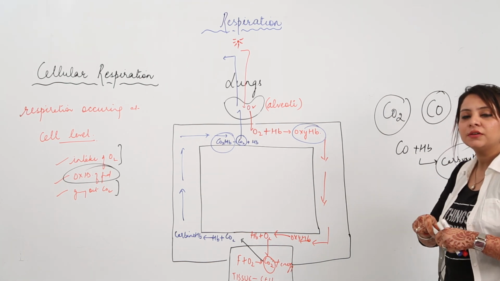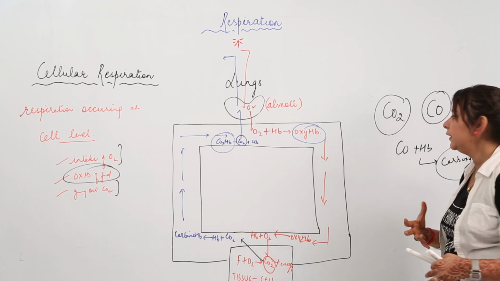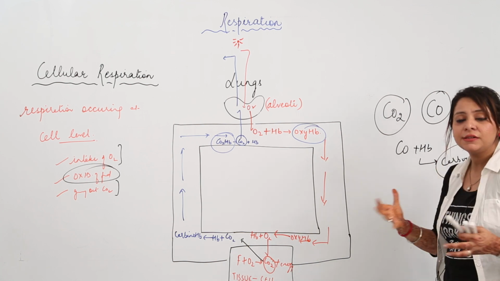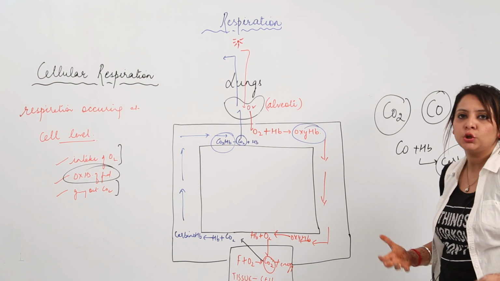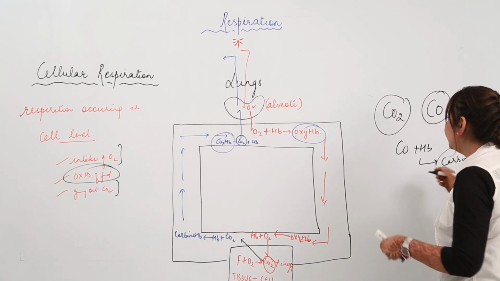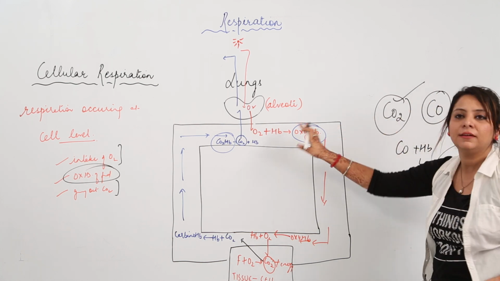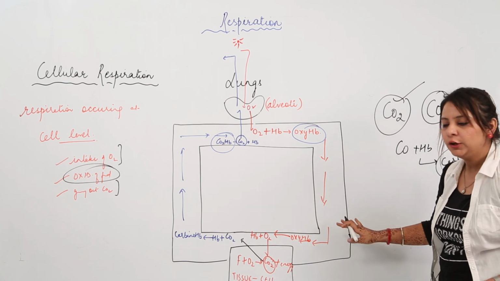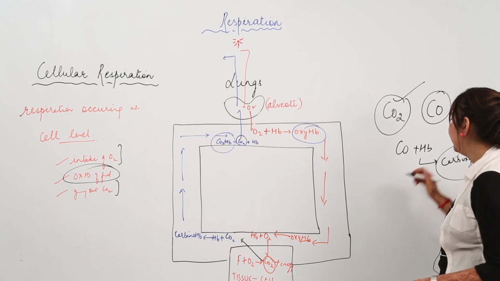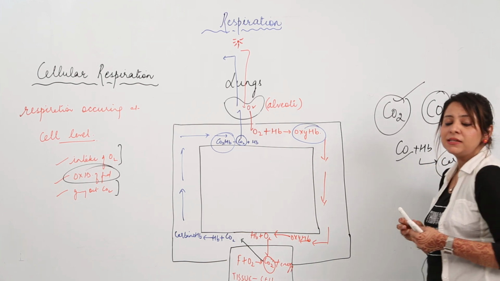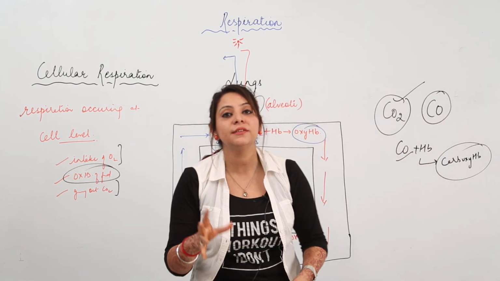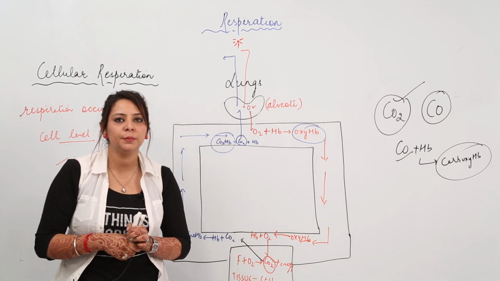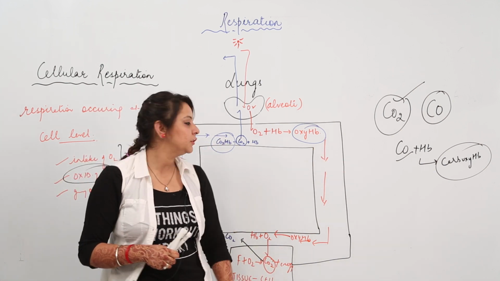That is why persons suffer a kind of respiratory disorder, and it can cause serious suffocation and may cause death also. So we need CO2, because CO2 is blood friendly and forms a blood friendly complex, so it doesn't harm us. But if we inhale CO, it is a fatal gas because it can cause suffocation by forming a defective complex, that is carboxyhemoglobin. This I have told you just for your general knowledge.